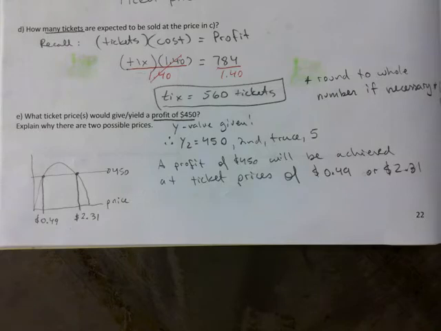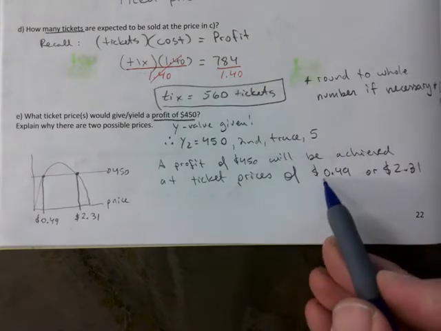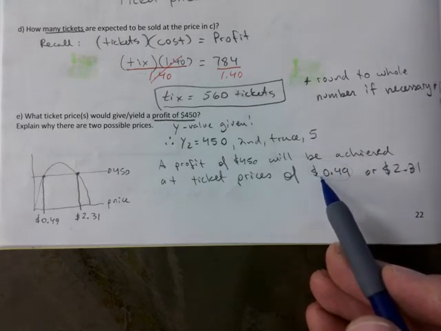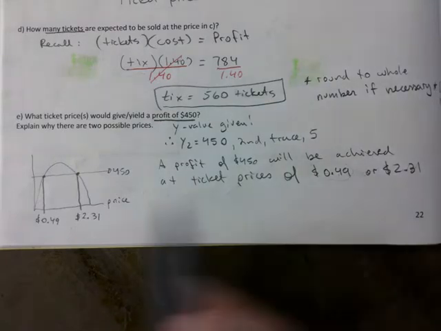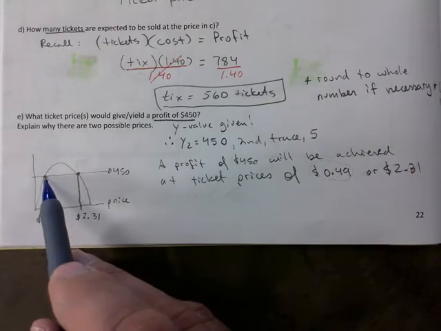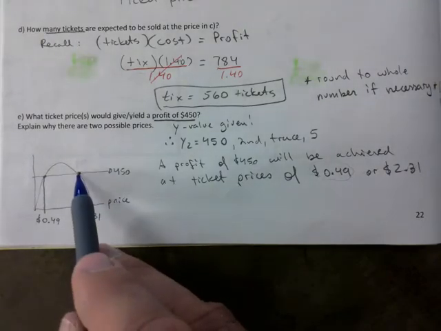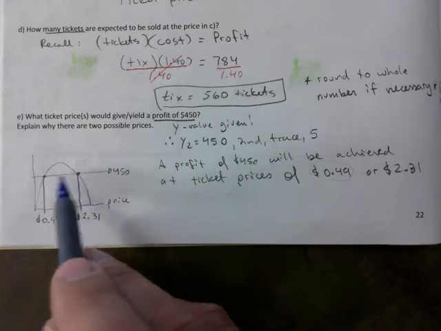And the reasoning is, what's happening in the background is if you sell it for cheaper, you're probably going to sell more tickets, and get to 450. If you sell it at a higher price, you're going to sell fewer tickets, but it's still going to get you the same results overall.